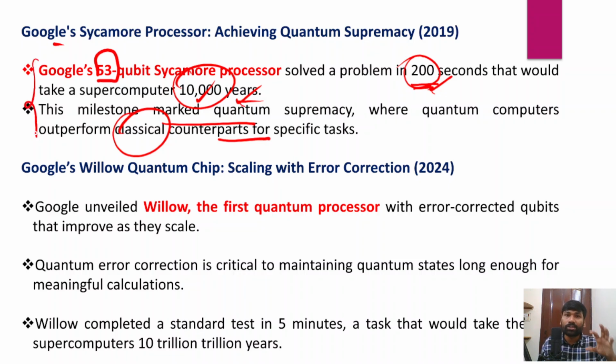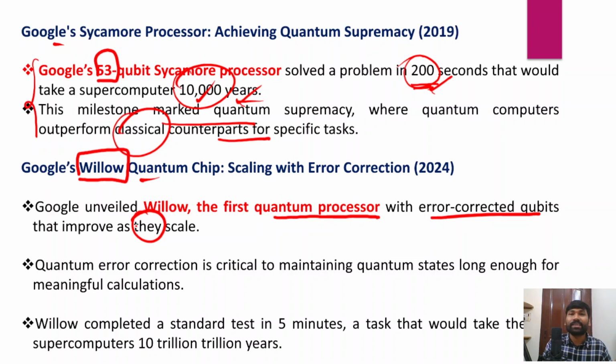And apart from that, recently in the year 2024 itself, Google has come up with another quantum chip called Willow. Willow is much more powerful than the earlier Sycamore processor, right? This Willow quantum chip is the first quantum processor with error corrected qubits that improve as they scale, so it would further improve itself as we scale up.